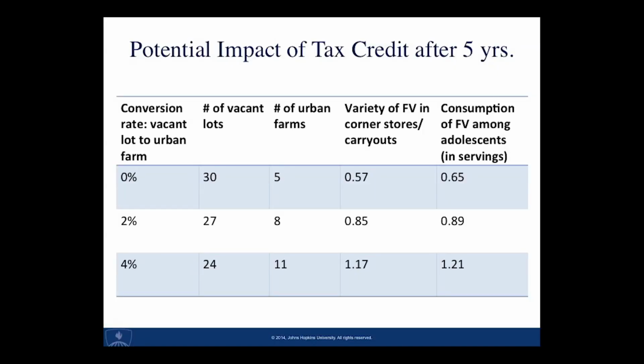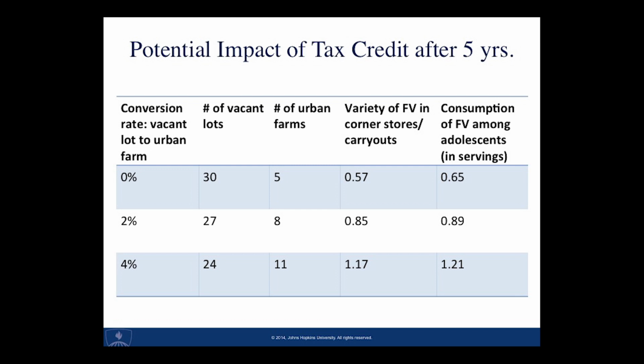So this table presents a couple of different scenarios of the potential impact of the tax credit after 5 years. Assuming a 2% conversion rate of vacant lots to urban farms per year, we see that there would be an increase in the number of urban farms by 3 to a total of 8 urban farms, and a reduction in the total number of vacant lots that are privately owned from 30 to 27.